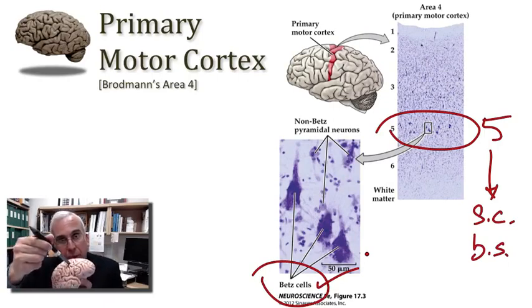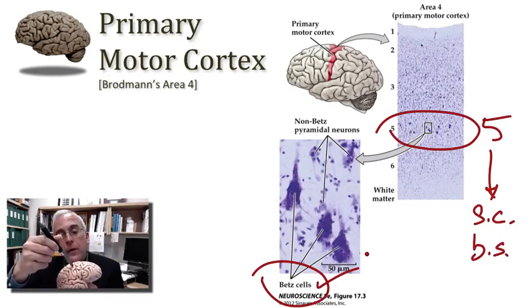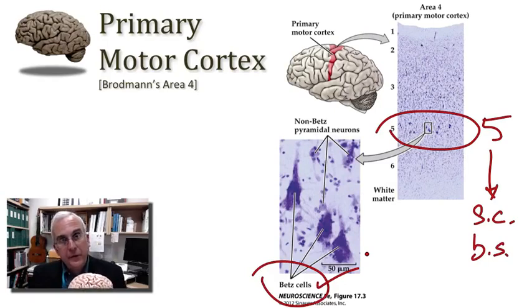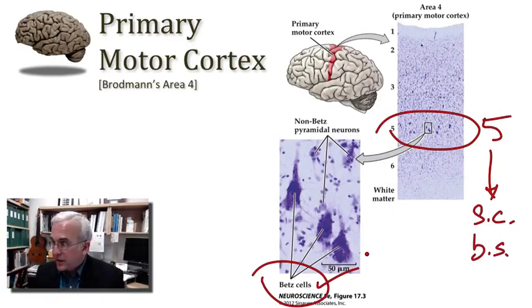And the thresholds for stimulation that produced movement got lower and lower and lower as the microelectrode was advanced towards the central sulcus. And the cortex in the anterior bank of the central sulcus was found to have the lowest threshold for producing a movement when stimulated with an electrical current. So this region was defined as being primary for that reason.